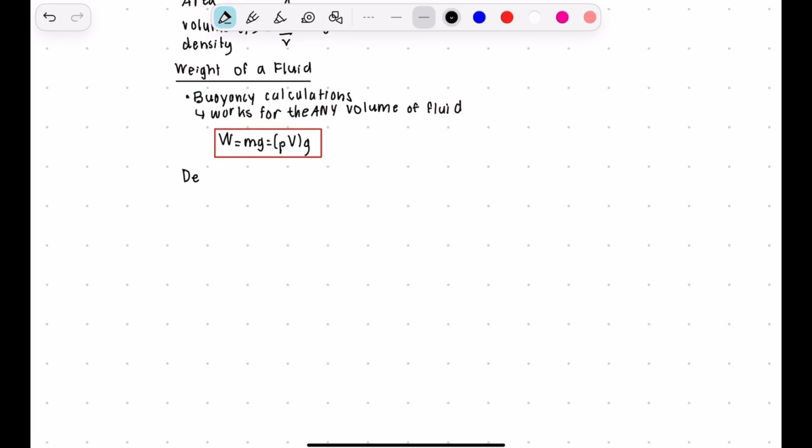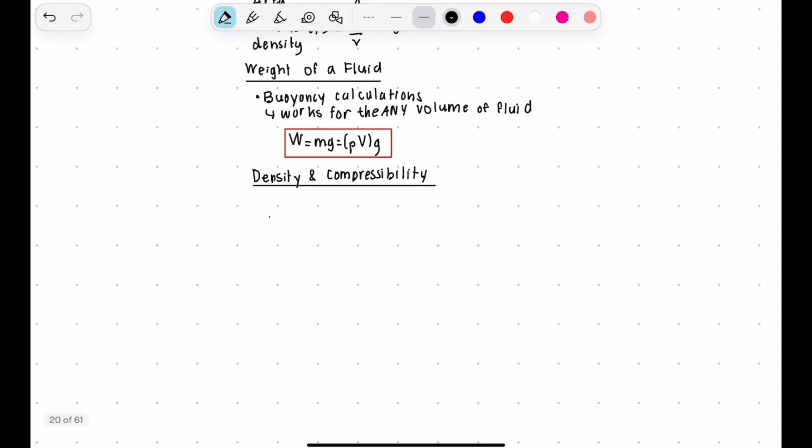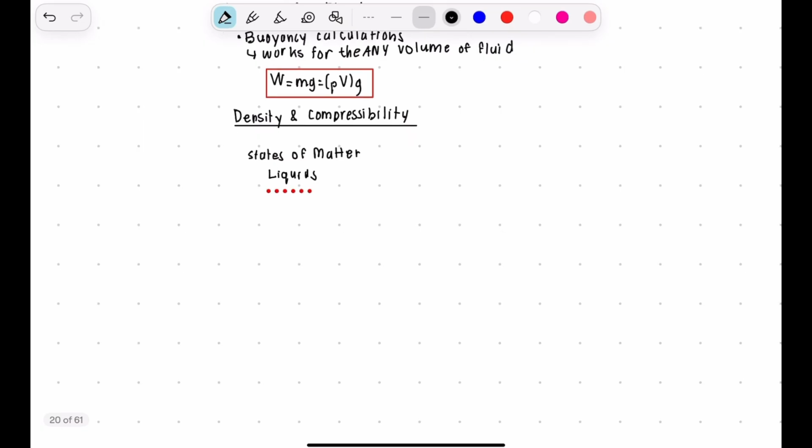Next section is density and compressibility. You should know that the states of matter, liquids, are slightly compressible.